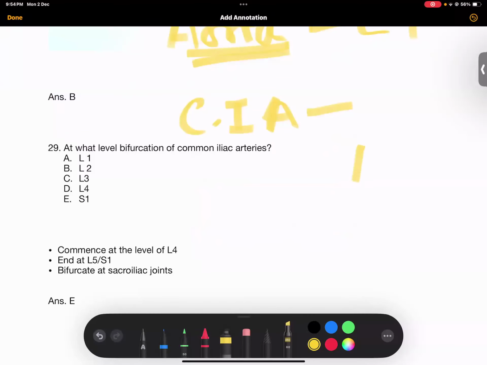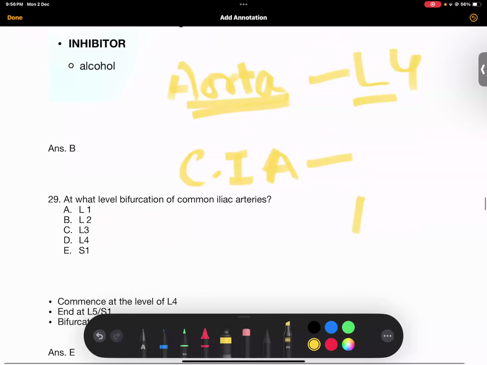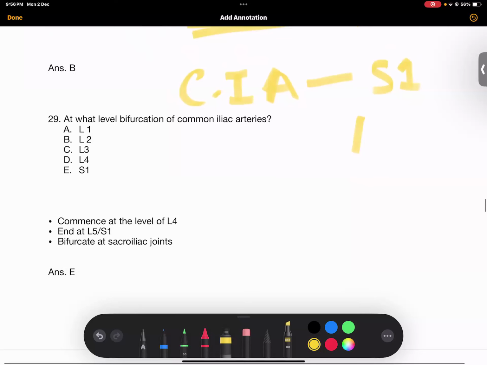Okay, so the aorta bifurcates at L4 and the common iliac bifurcates at S1. The sacroiliac joint level is S1. So it commences at the level of L4 and ends at the level of L5-S1, with bifurcation at the sacroiliac joint. So both these things are the same, L5-S1.